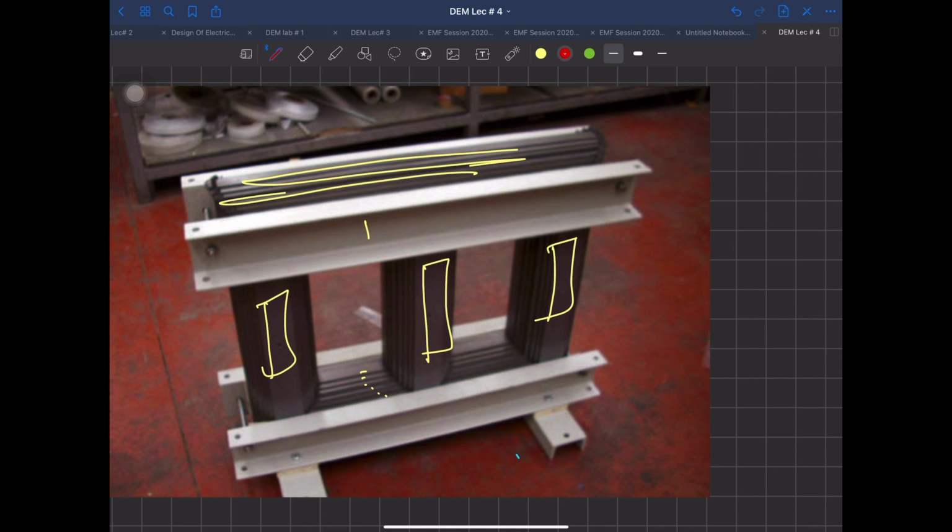But the problem would be that if you place a square shaped core on a stepped one, there are going to be air gaps over there. So flux leakage will be more.